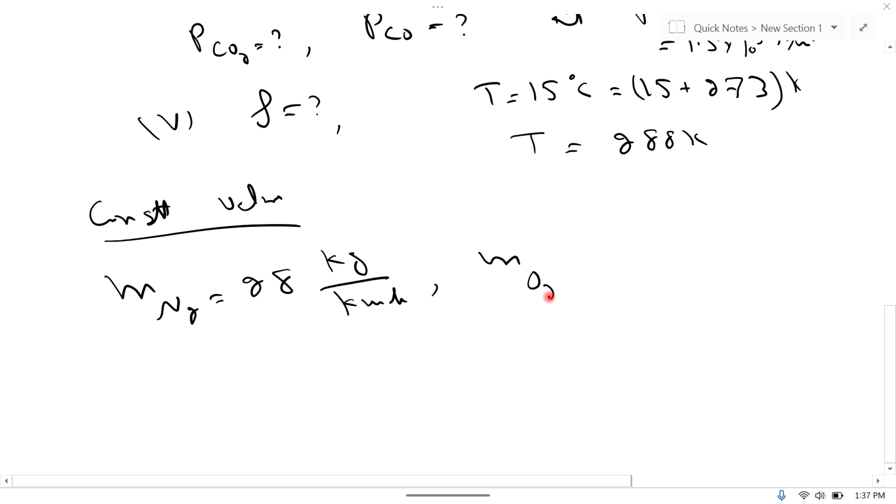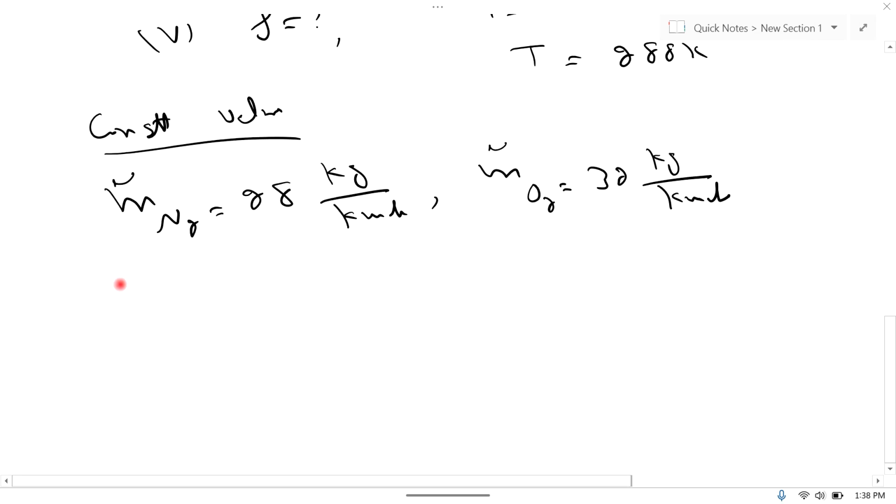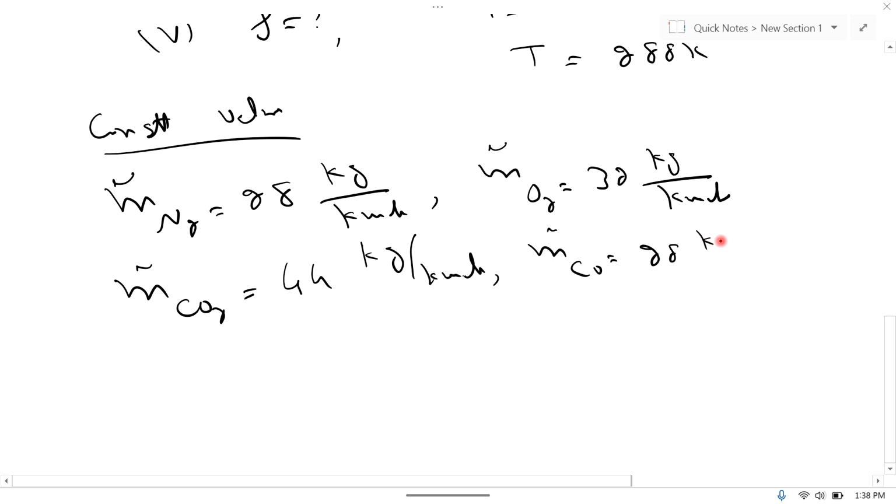Molar mass of oxygen is 32 kilogram per kilomole. Molar mass of carbon dioxide is 44 kilogram per kilomole. Molar mass of carbon monoxide is equal to 28 kilogram per kilomole.